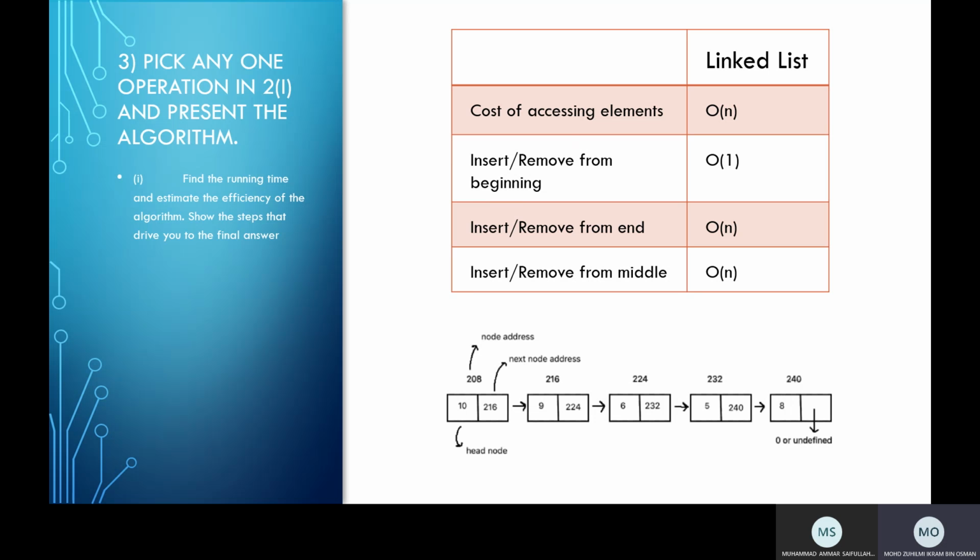Creating a new node and adjusting the previous node's address for the next node. Time taken will be proportional to the size of the list, in big O notation.